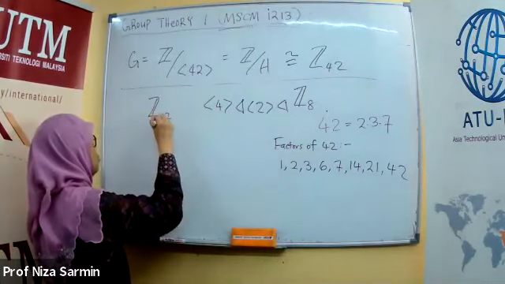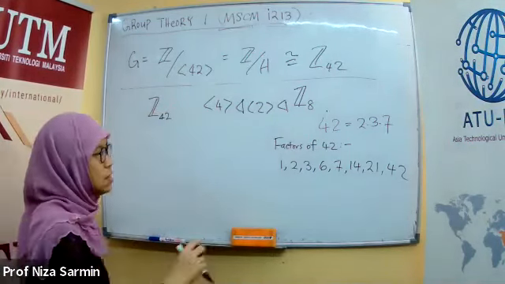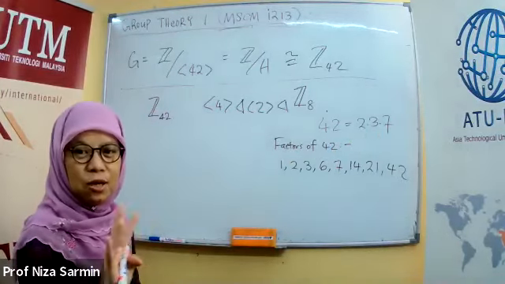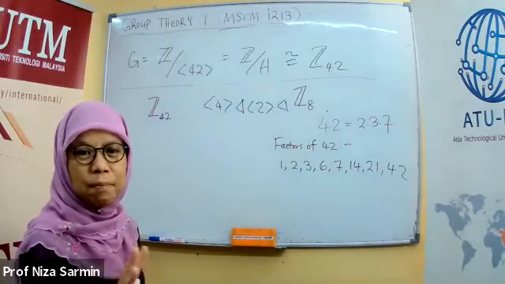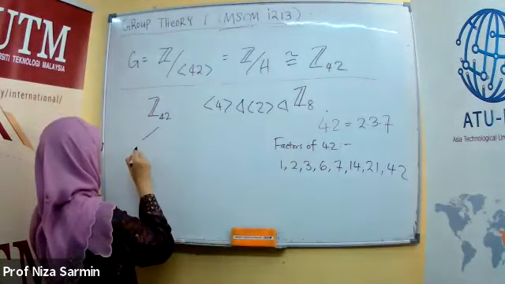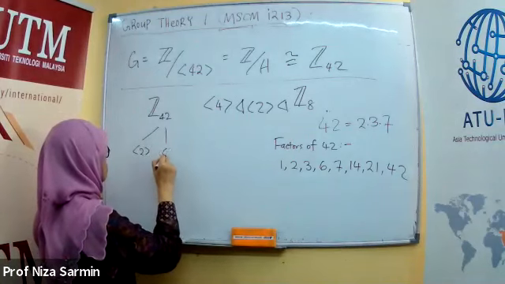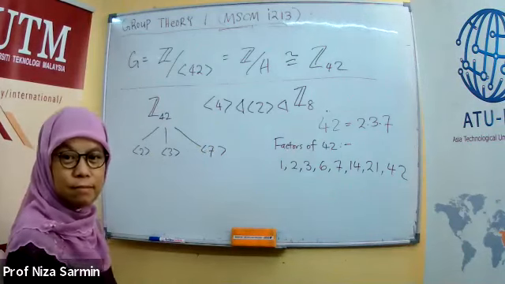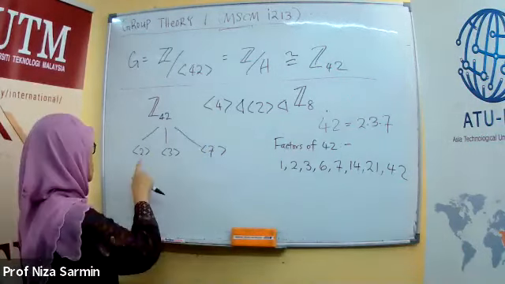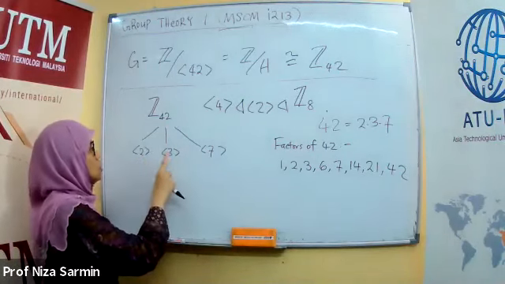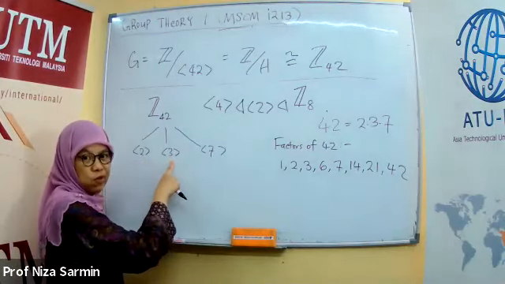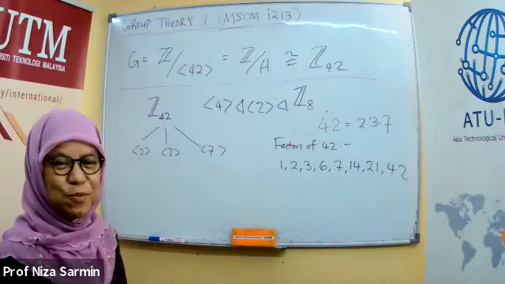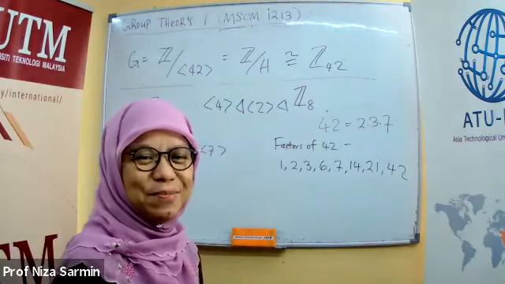So if you have 42 here, you have 3 branches, so you break up into 3 because they are not connected to one another, they are primes. So that will be 2, 3, 7. So this is order 21. This is order 14. This is order 6. Now I'm going back to chapter 3, cyclic groups.